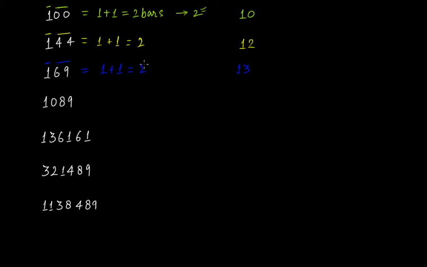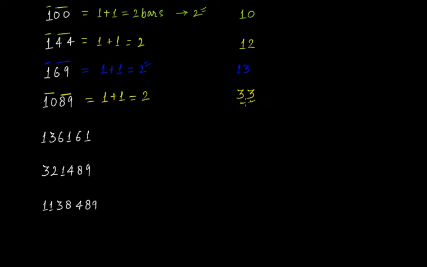So 1 digit and 2 digits, right? Now, if you take this one, a pair, so put a bar on this one, and another pair, so put a bar on this one. Now we have 2 bars again, so 1 bar plus 1 bar, that is 2 bars. Now the square root of 1089 is 33.